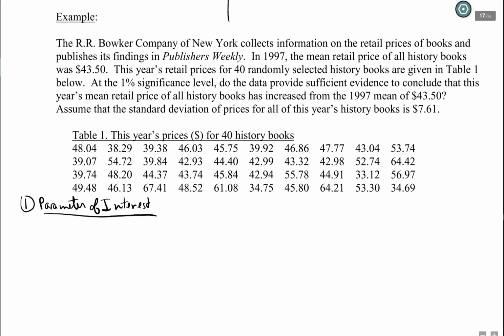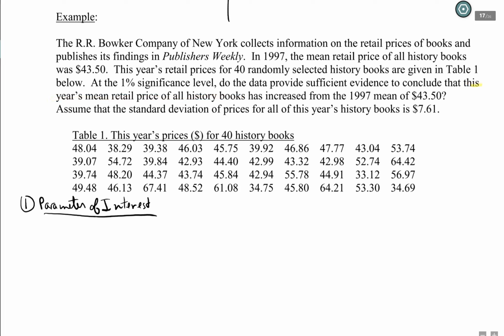All right, here's the parameter of interest. We're asking a question: do the data provide sufficient evidence to conclude something about this year's mean retail price of all history books? We're wanting to say something about that quantity there.